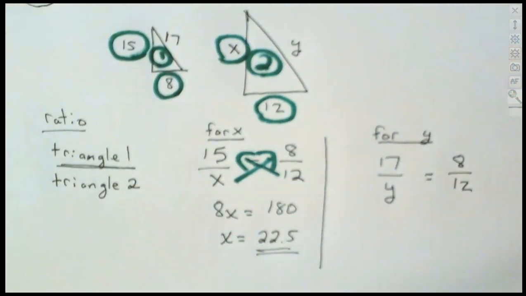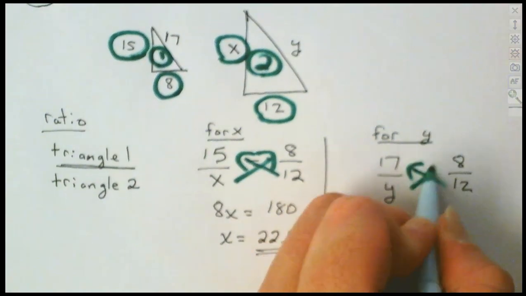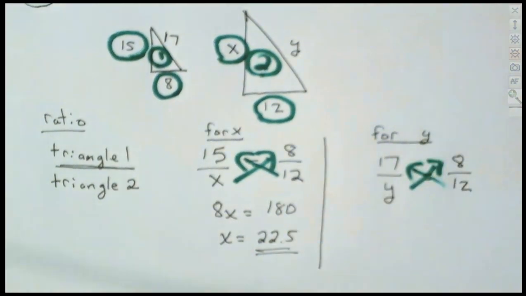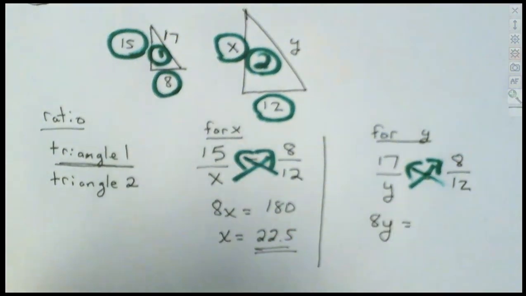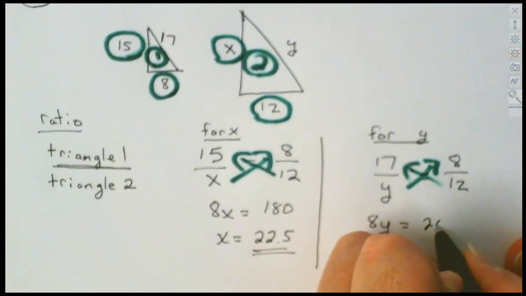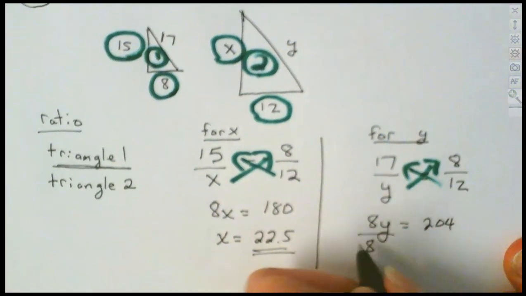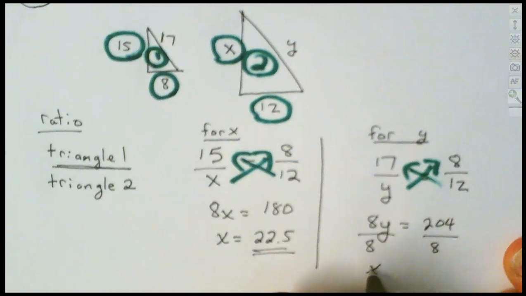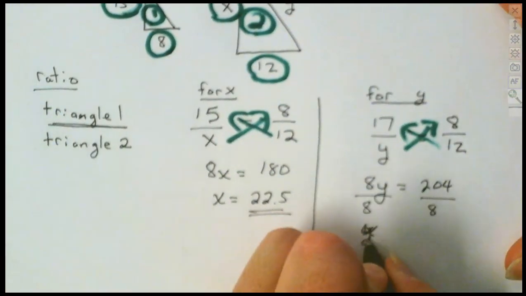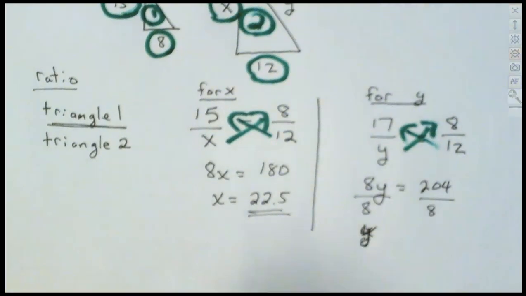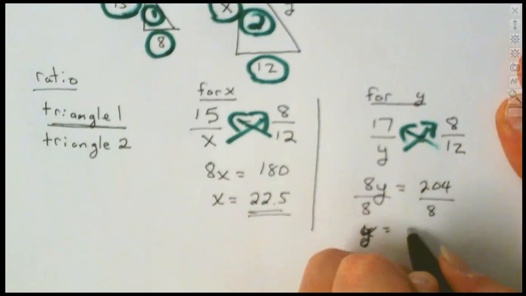So cross multiplying, we get 8y equals 204. We'll divide by our 8, and that leaves us then with y equaling 25.5.